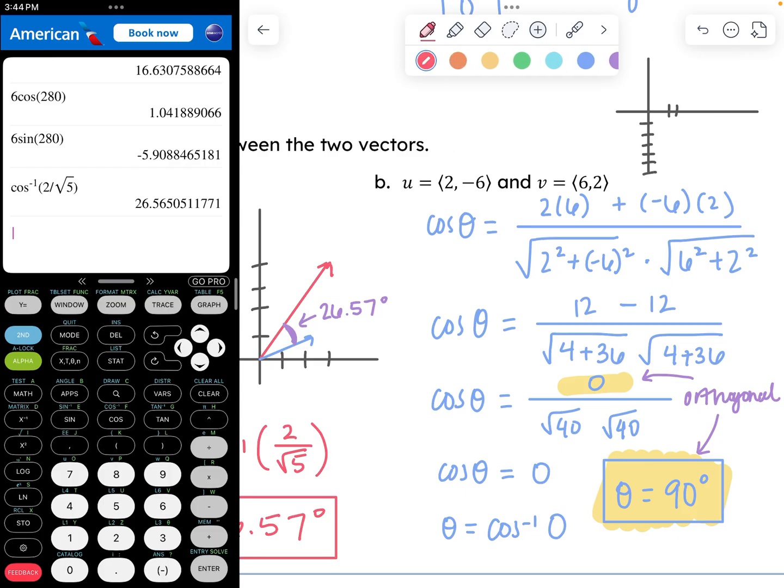So let's say over 2, down 6 right here. The second one is over 6 and up 2. So right here, you can see they've got that 90-degree angle there.